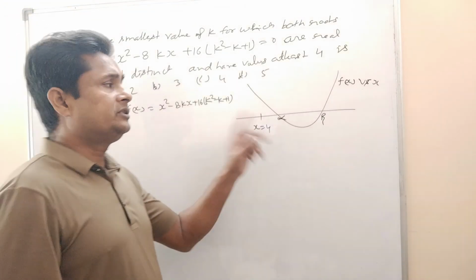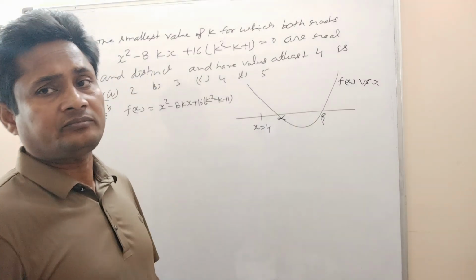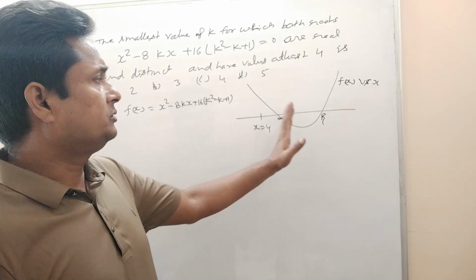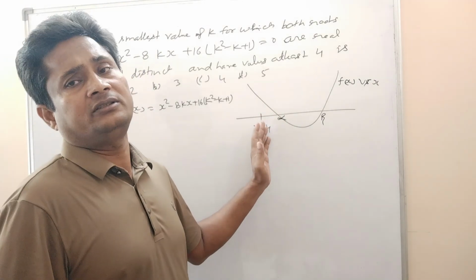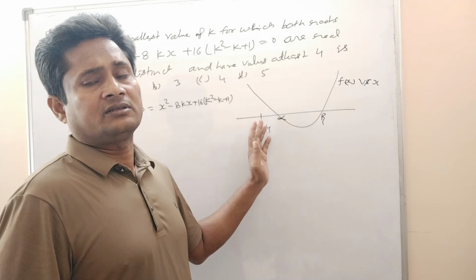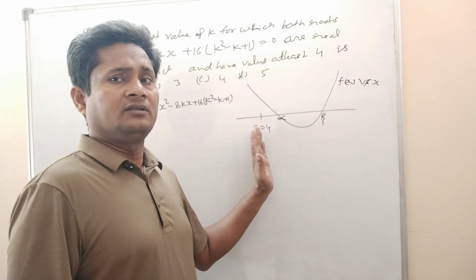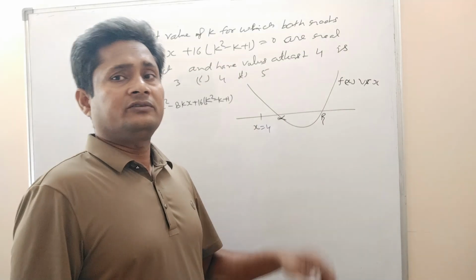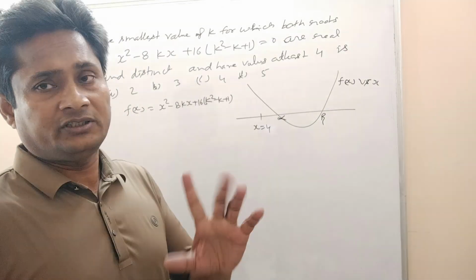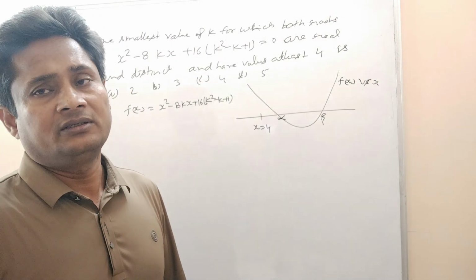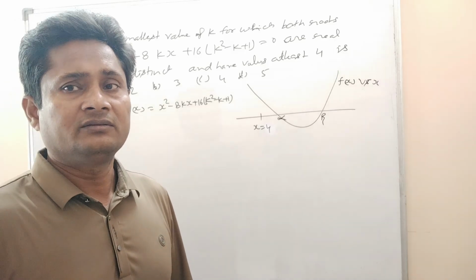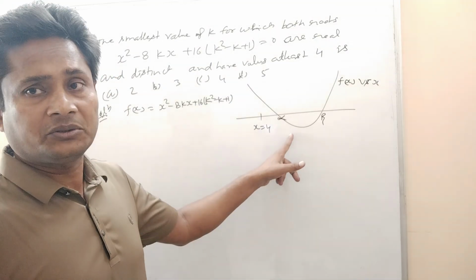So which condition we can apply? Both roots are greater than, I told you 6 conditions, and first case was: if both roots are greater than a number k, then find the conditions. This is the question.